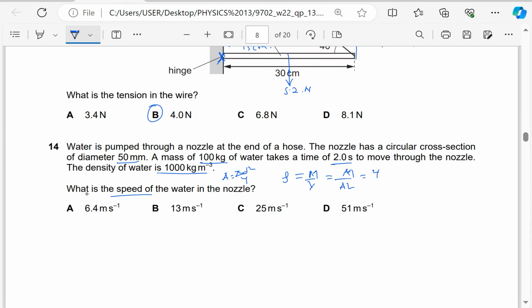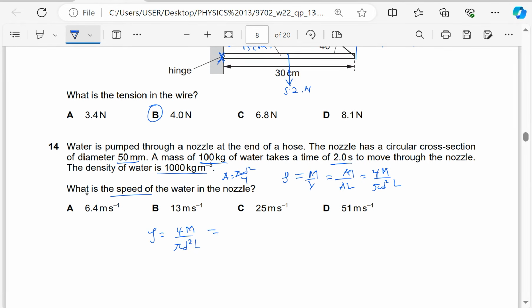So the 4 goes up, it becomes 4m, over pi d squared, times another length L. Okay, so I want to find the speed. So precisely I am saying the density, rho, is 4m over pi d squared times L.